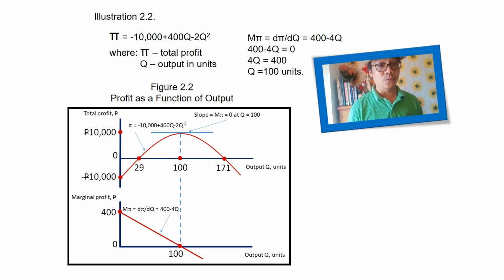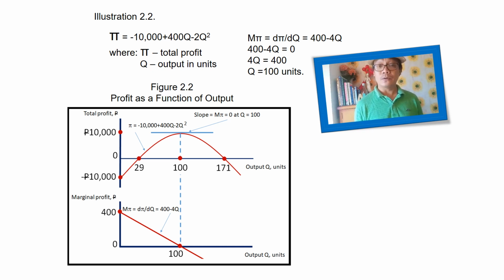Illustration 2.2. Consider the following profit function. Pi equals negative 10,000 plus 400q minus 2q squared, where pi is the total profit, and q is output in units. As shown in figure 2.2, if output is 0, the firm incurs a 10,000 pesos loss.